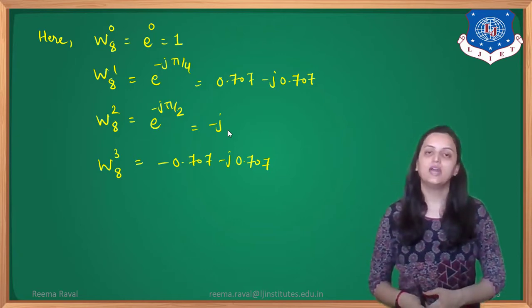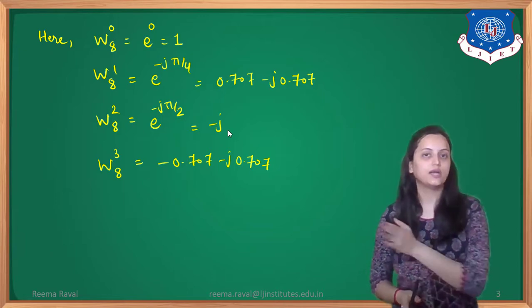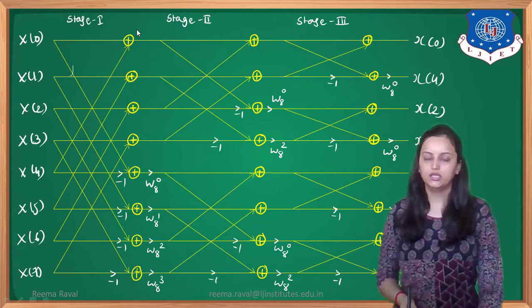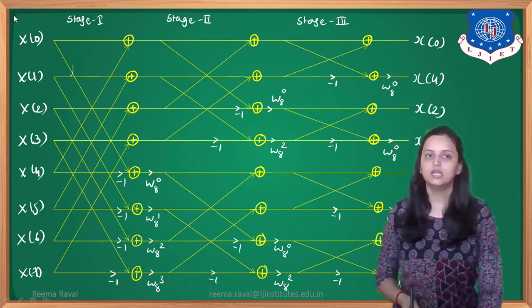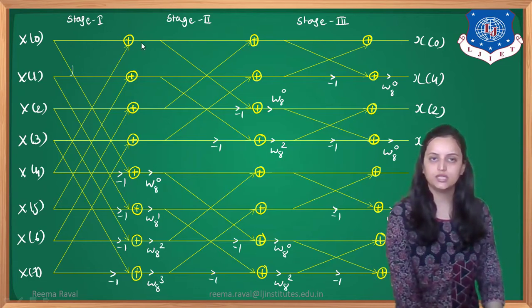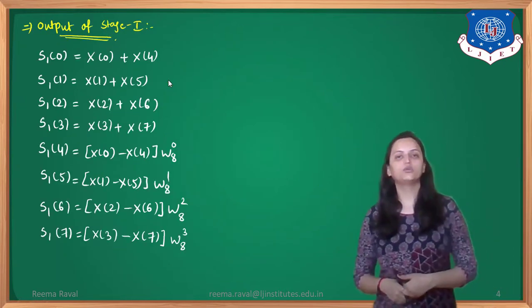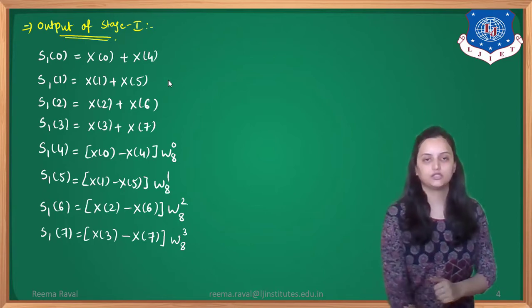Now based on this, we are going to calculate the output for each and every stage, stage 1, stage 2 and stage 3. If we want to calculate the output of stage 1, we denote it as s1 of 0, which is obtained from x of 0, that is the first input, and the second input is x of 4. So the output of stage 1 is s1 of 0 equals x of 0 plus x of 4.